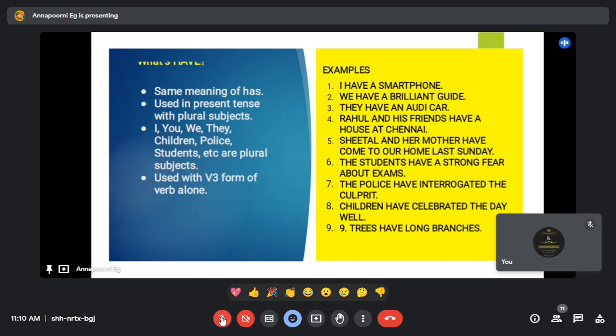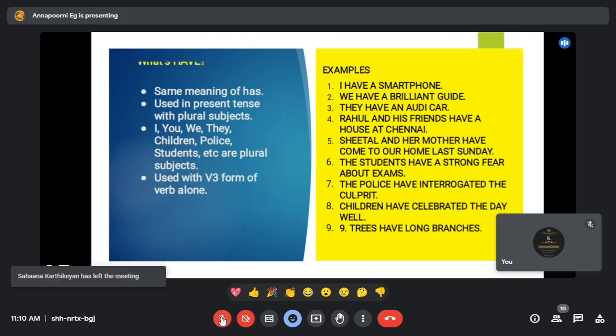Come is the V3 form of the verb come. Come, came, come: V1, V2, V3. Come is the V1, came is the V2, and again come will be the V3. In this case, V1 and V3 are same. So Sheetal and her mother have come to our home last Sunday.